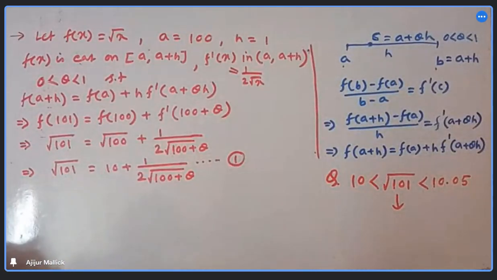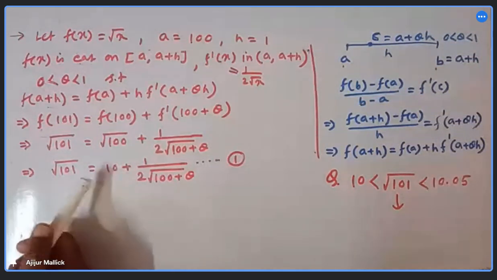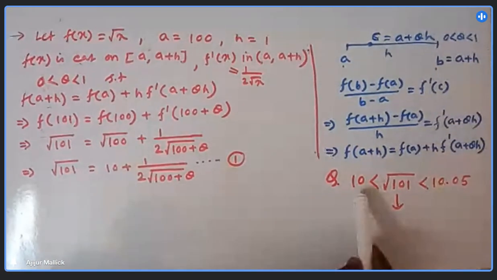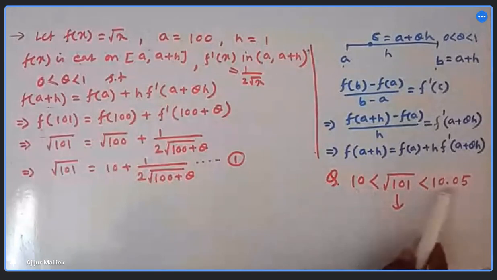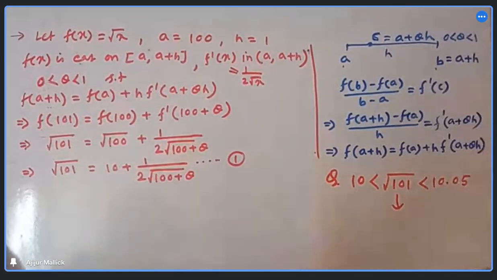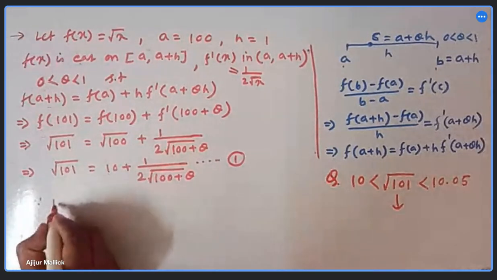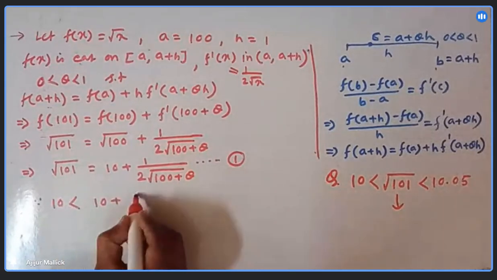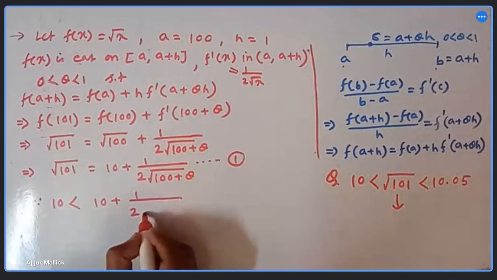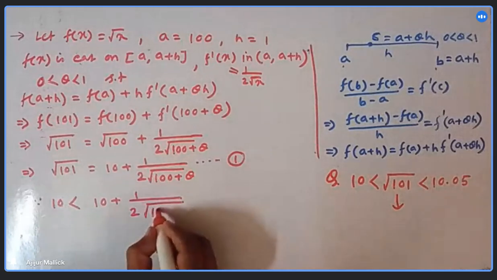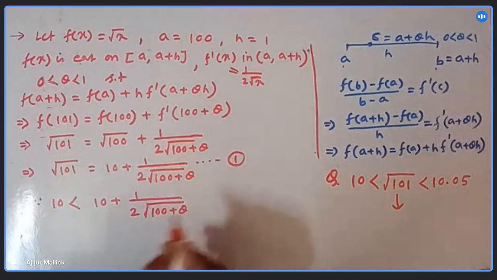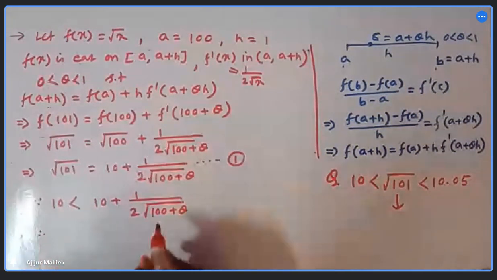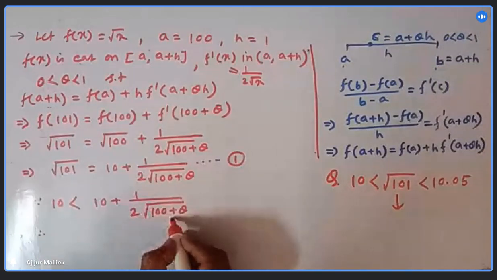Next, we shall show that this value is greater than 10 and less than 10.05. Since 10 is less than 10 plus 1 by 2 into root of 100 plus theta, obviously it is positive.